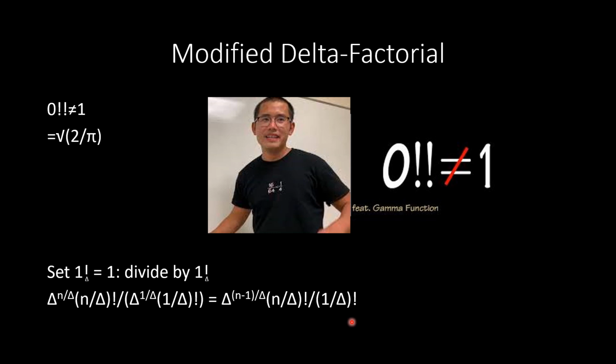And that gives us our result for this modified delta factorial, delta to the n minus 1 over delta times n over delta factorial divided by 1 over delta factorial. And you can keep that in mind, but overall, since the more regular delta factorial is simpler, I am choosing to say that that is the natural form, is the general delta factorial form.